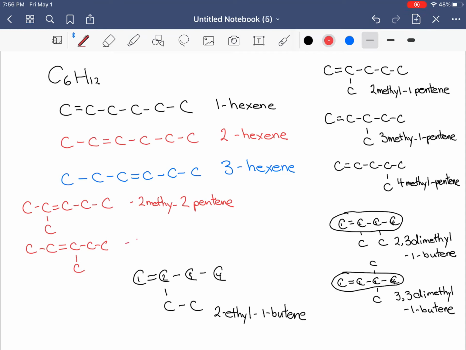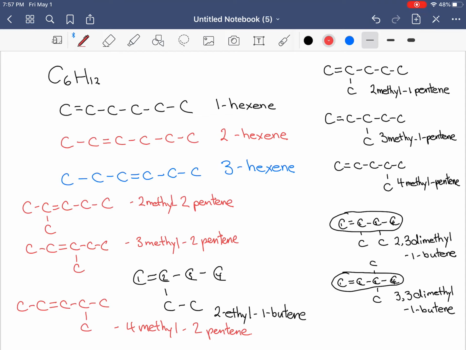This will be different because this is 3-methyl 2-pentene. I can move it over here, and this is going to be 4-methyl 2-pentene.